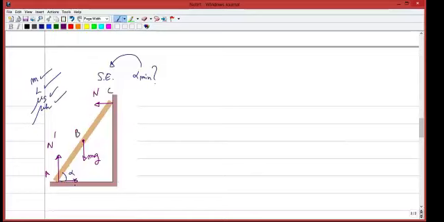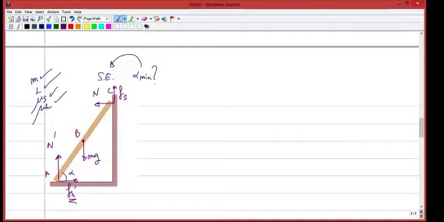Therefore, Fs is right. Let's call it Fs prime. And similarly, the tendency of point C is to slip down. Therefore, there is a friction here. And it's a different friction from the one at A. That's where we realize we're stuck. There's 4 unknowns: Fs, N, Fs prime, N prime.